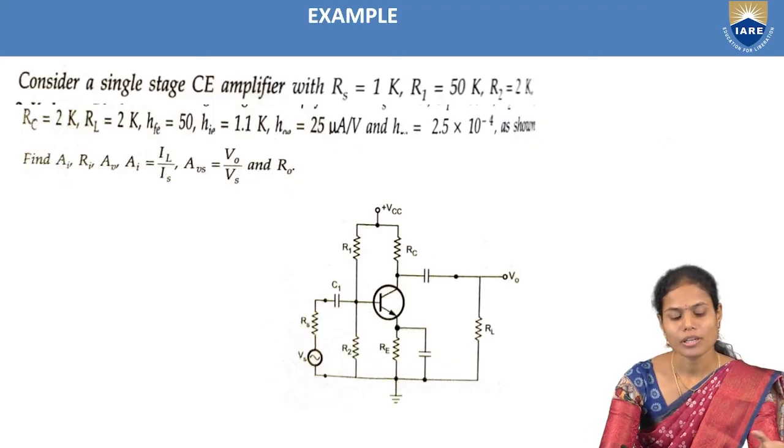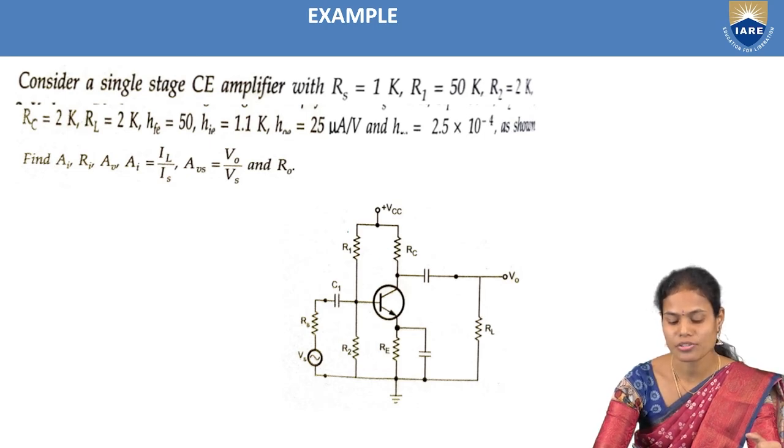We'll see one example on this. For that, I am considering the common emitter amplifier with the voltage divider biasing circuit. So this indicates the voltage divider biasing. Okay.